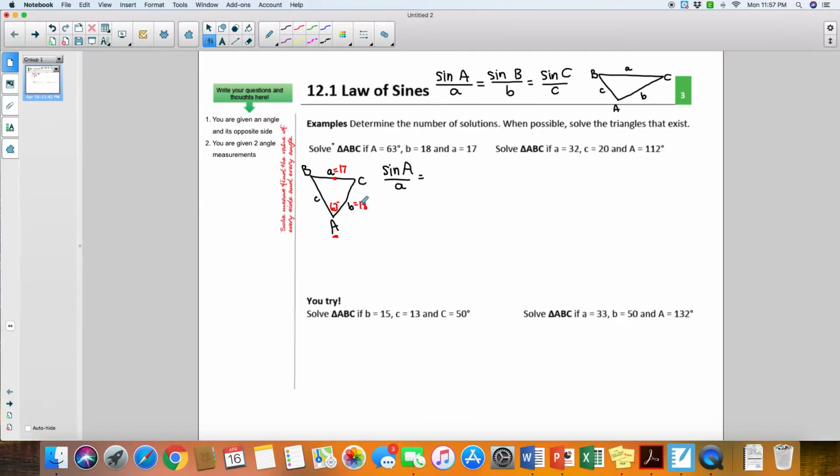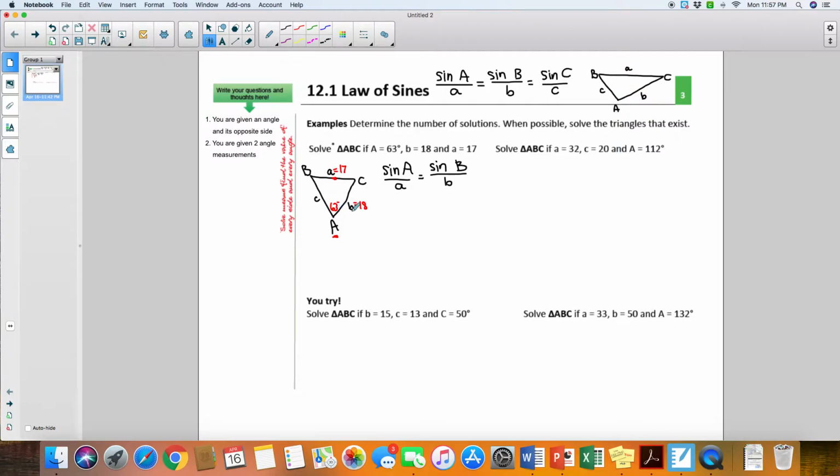Next thing I have is a piece of B. Because I have a piece of B, that means I'm going to use B first before I do anything else. I don't have any information for C, so that ratio is not going to help me at all. So I'm going to use sine of B first, over little b. Now let's substitute our information.